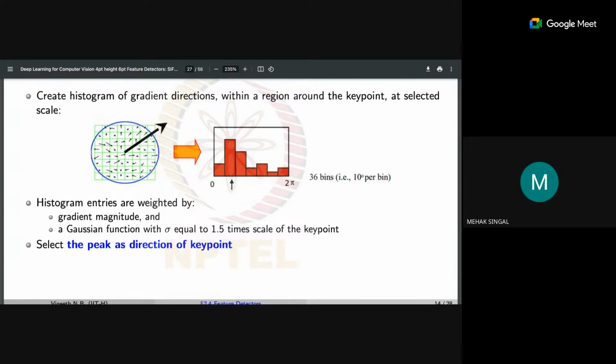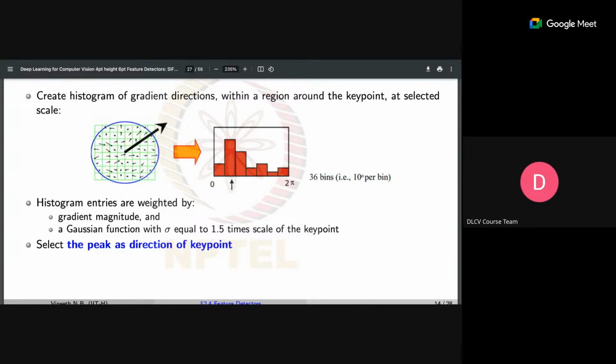How do you decide the area of the region? Like how big should the region be? You have not calculated the region yet, you are just calculating the direction.